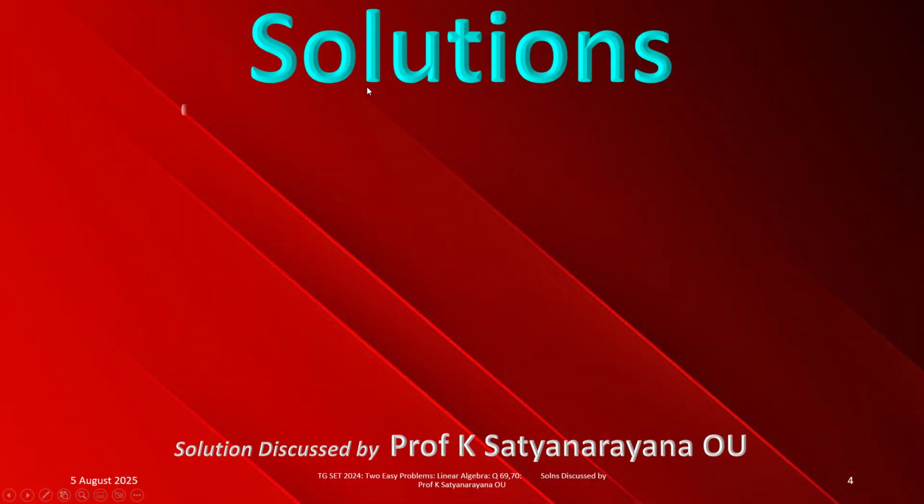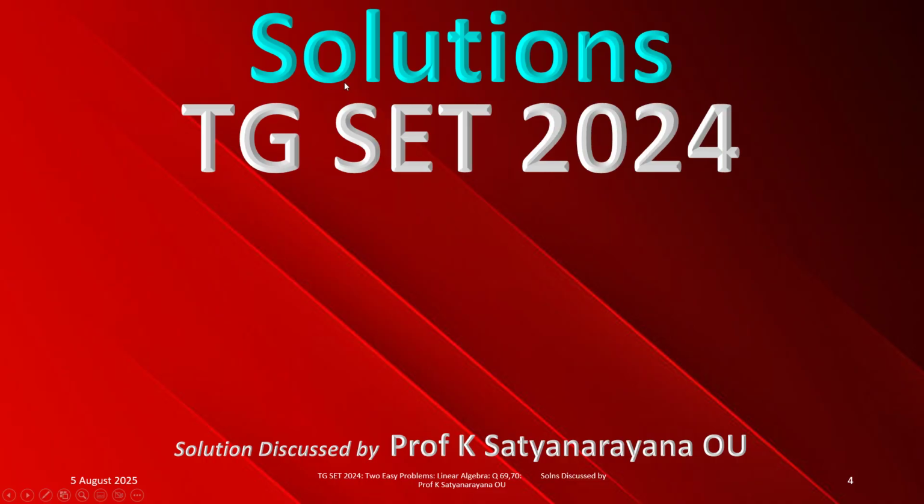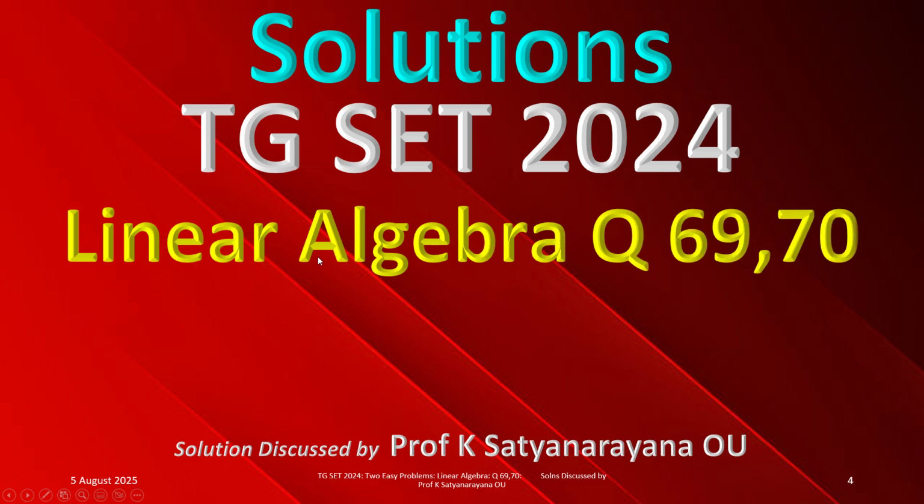We continue the discussion of the solutions of the problems that have appeared in the TG SET 2024 Telangana SET exam held in 2024. In this video, we discuss the solutions of two problems from the section Linear Algebra, which are placed at serial numbers 69 and 70 in this paper.